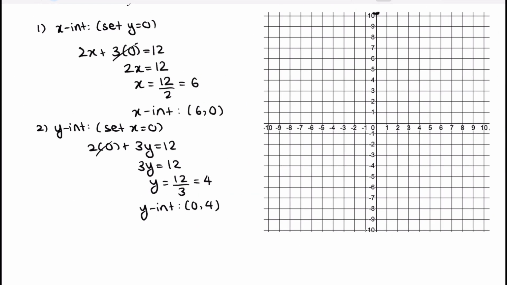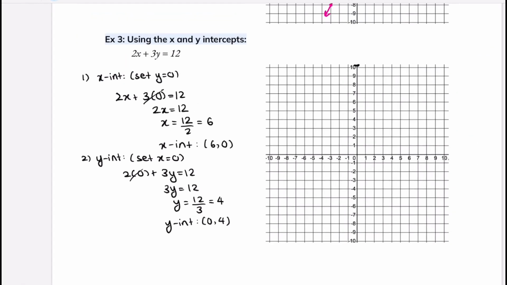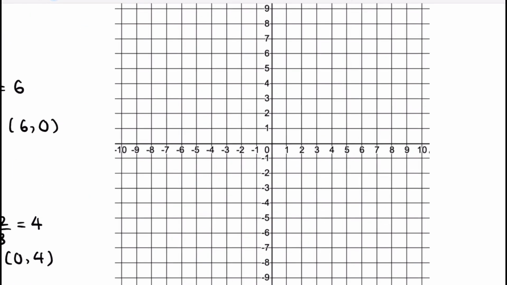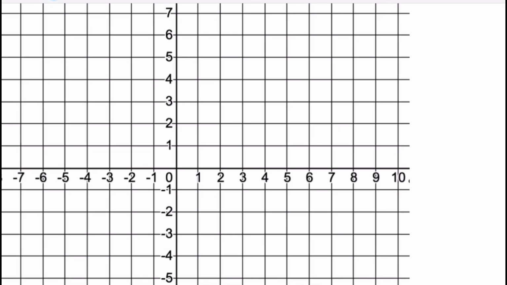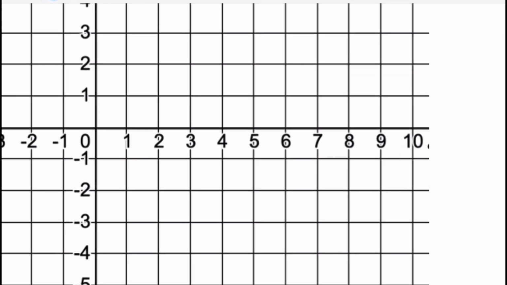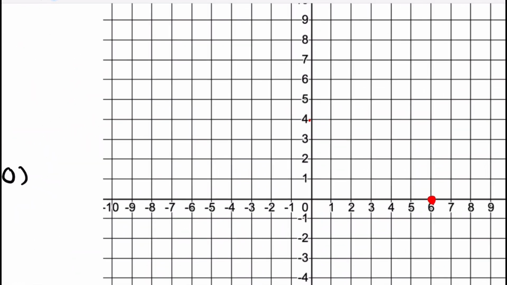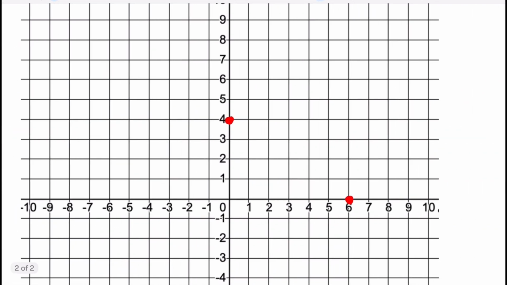And so now we have 2 points on this line, and that's usually sufficient. When you want to graph a line, you basically just need 2 points, because 2 points is more than enough to be able to graph it. So our x-intercept is right here, 6, 0. And then our y-intercept is 0, 4, like this. So we obviously know that the line is going to cross these 2 points like this, right?